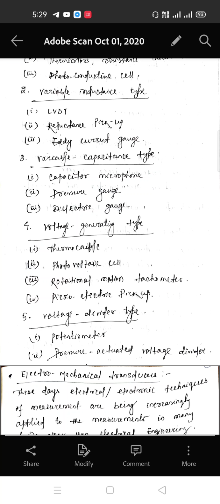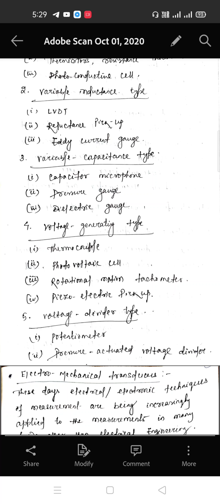Similarly, the fourth category is the voltage generating type. In voltage generating type, the first is the thermocouple, the second is the photovoltaic cell, the third is the rotational motion tachometer, and the fourth is piezoelectric pickups. The fifth category is the voltage divider type. The first is the potentiometer, and the second is the pressure actuated voltage divider.